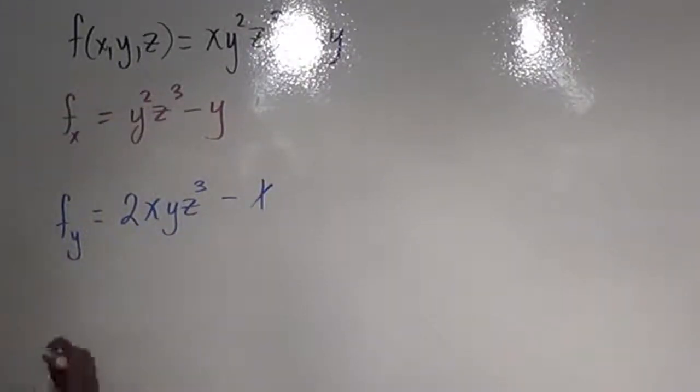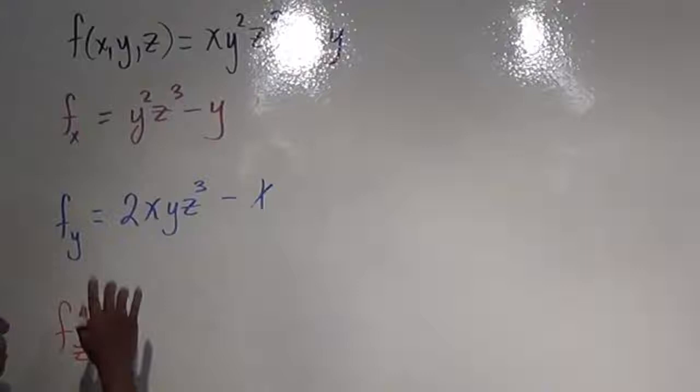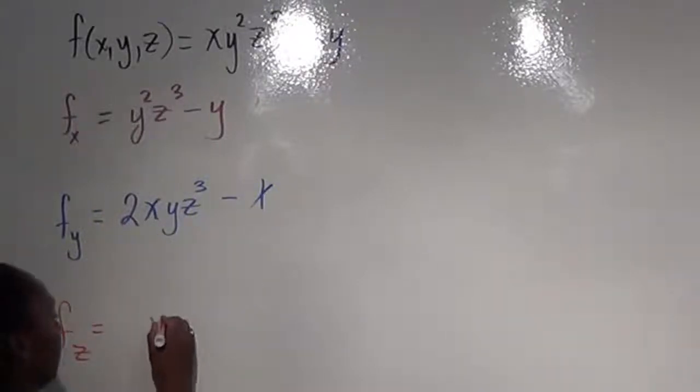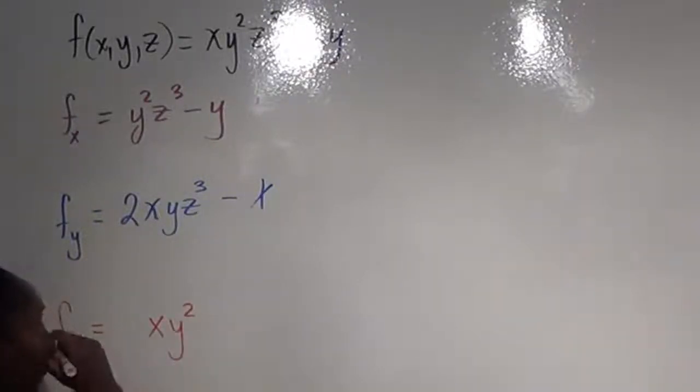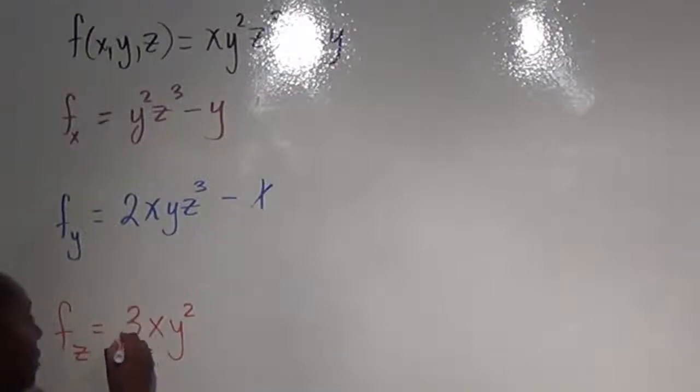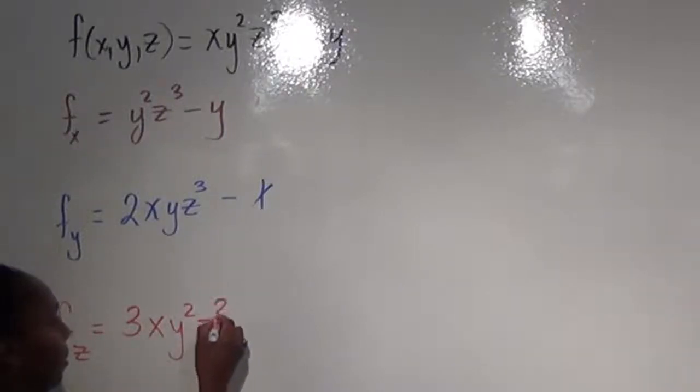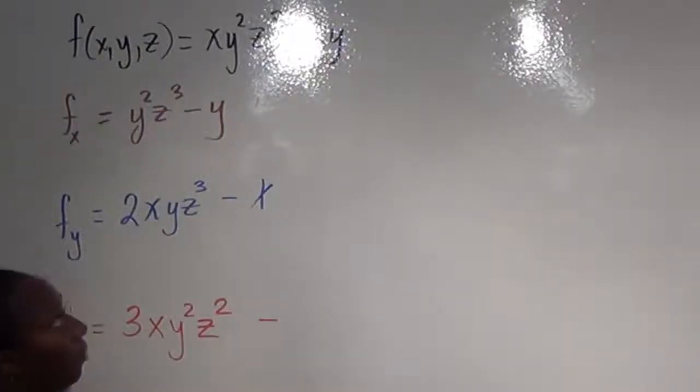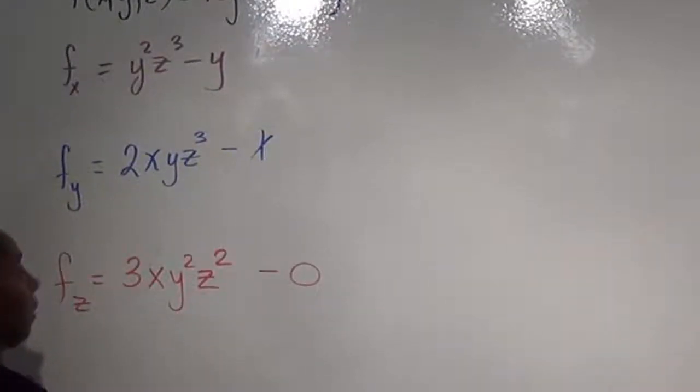And then lastly, for f sub z, in this case, xy squared is my coefficient. My derivative of z cubed is 3z squared. And on the other end of that, there's no z, so that's a constant. That's going to go away.